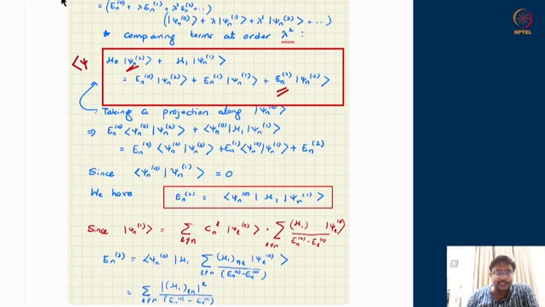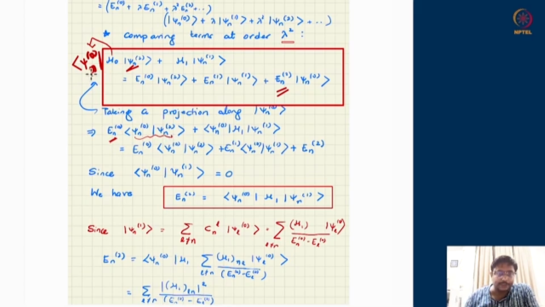I will take the bra psi n0 from the left hand side and take the inner product of the whole equation. If I take a bra psi n0 from the left, this operator H0 acting on psi n0 will give me the energy eigenvalue En0, and then psi n0 will go and hit psi n2. So that will be this term.